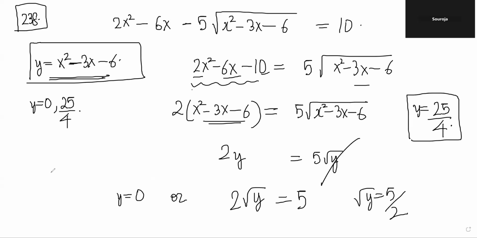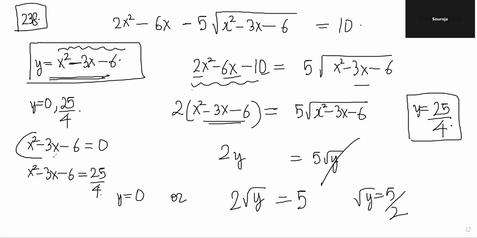The question is not over because now you have to solve for x finally, right? Yeah. But you will do two cases. x square minus 3x minus 6 is 0, and also x square minus 3x minus 6 is equal to 25 by 4. Yes. But these are straightforward quadratics. You can solve by the formula.